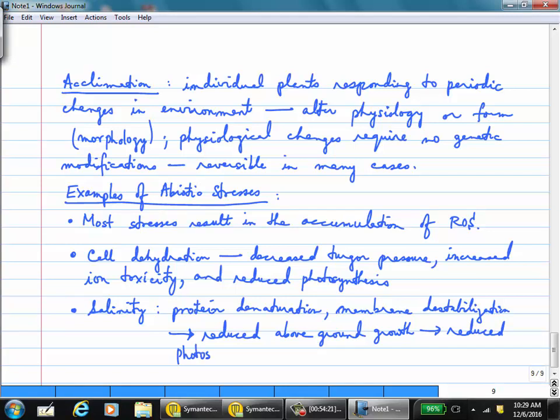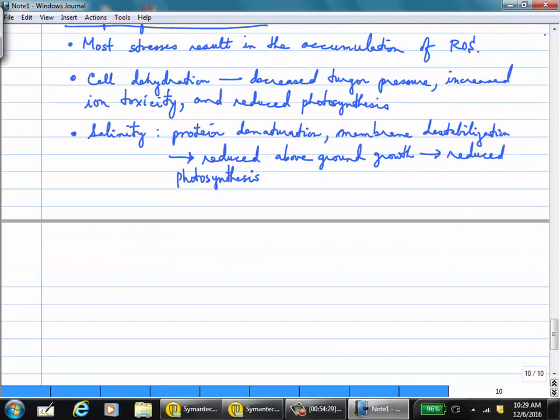So none of these effects are good. All the things that are happening are things that we don't want. So this is salinity. Then the third one is light stress. If the plant is getting too much sunlight, more than it can handle, it can mess up the photosynthetic apparatus, produce reactive oxygen species and so on.